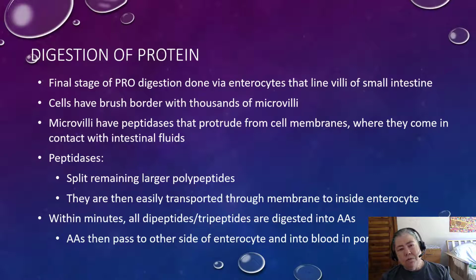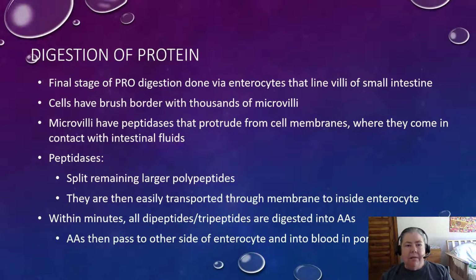As is true with the digestion of glucose, the final stage of protein digestion occurs on the microvilli, on the brush border of the enterocytes that line the villi in the small intestine.